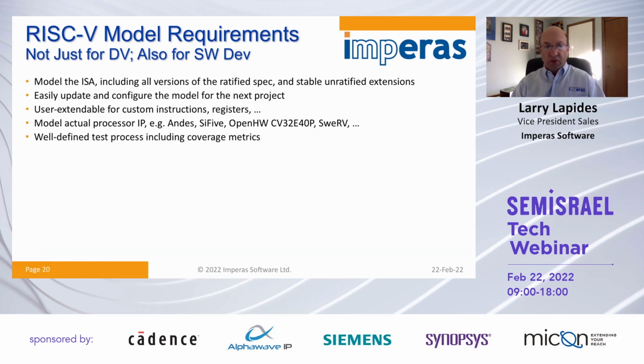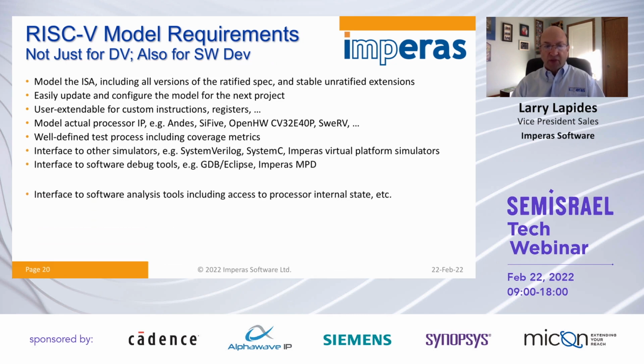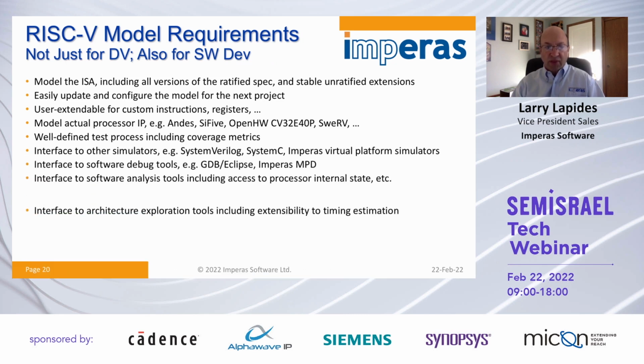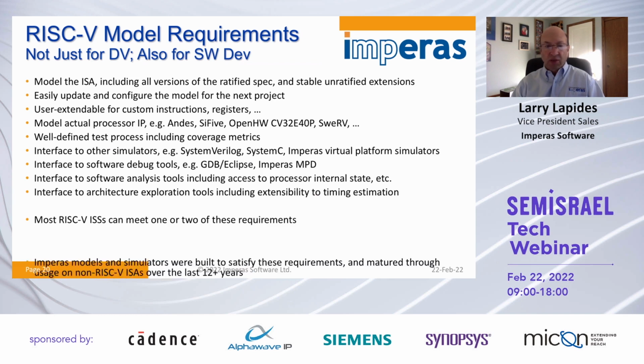Need to have a well-defined test process for the model itself, including coverage metrics. Need to have interface to other simulators, interface to software debug tools, interface to software analysis tools, interface to architecture exploration tools. Most RISC-V instruction set simulators can meet one or two of these requirements.